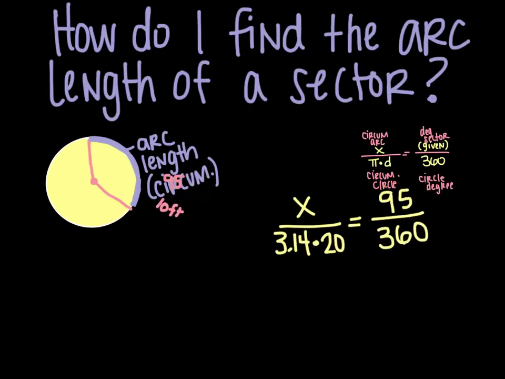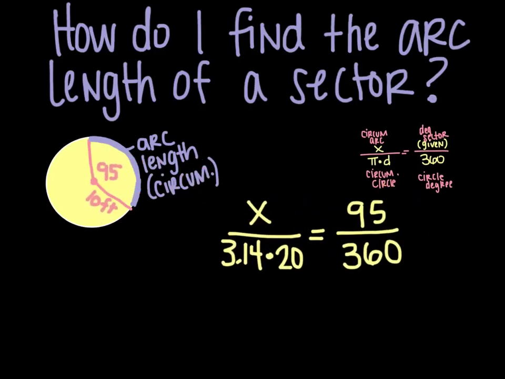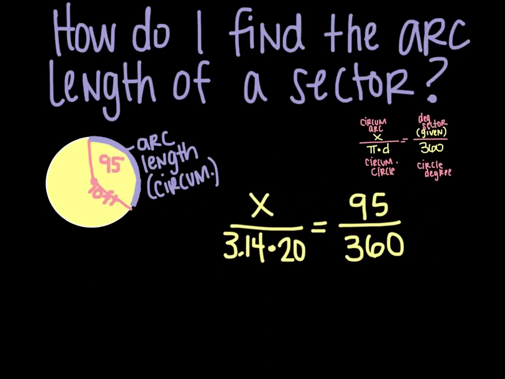So here's my proportion. Now I can simplify: x over 3.14 times 20 is 62.8 equals 95 over 360.